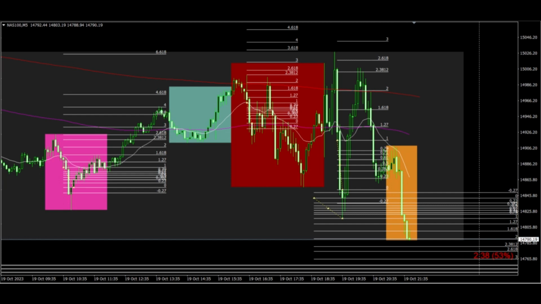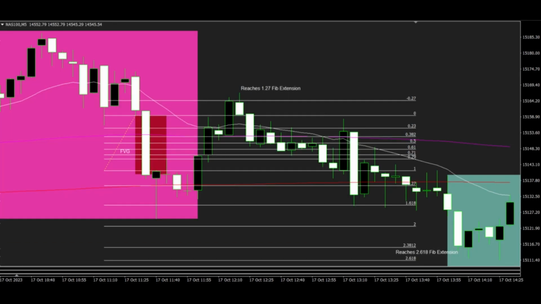There's a fair value gap, a second one, a third one, and then a wick. Here is more detail on another use of this new strategy. You see the fair value gap is created. Price then moves back above the fair value gap up to a 1.27 fib extension, and then moves down to a 2.618 fib extension, all off of that one fair value gap.